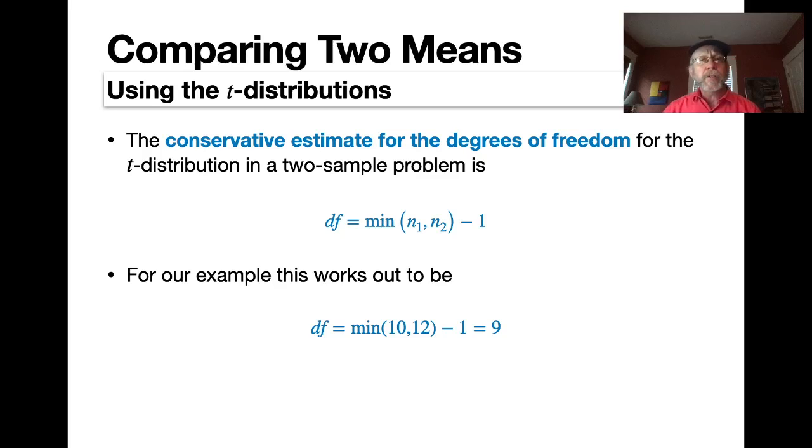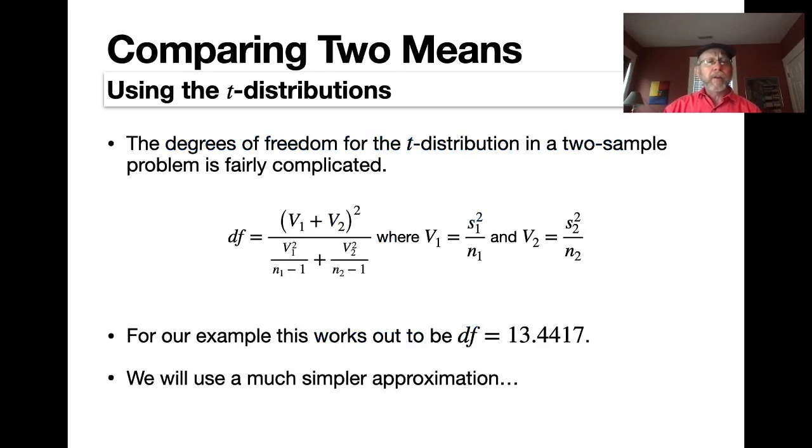Why is it called the conservative estimate? Well, there's several aspects to the answer to that question. One is that this conservative estimate for the degrees of freedom, 9 in our case here, is always going to be less than the degrees of freedom that you would calculate from the formula. And that'll always be the case.